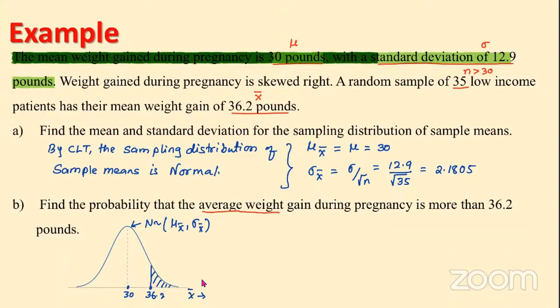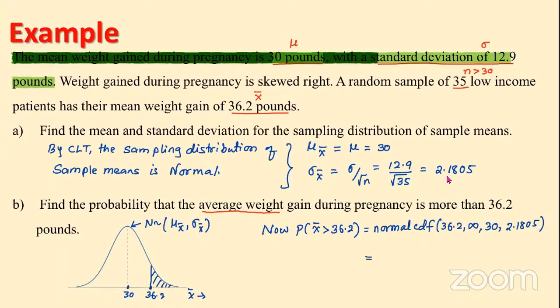So now we can easily find that. The probability that the average is greater than 36.2 is equal to the area. We can find the area using normal CDF in our TI-84 calculator. The lower boundary for the area is 36.2, the upper boundary is infinity, the mean is 30, and the standard deviation we got here is 2.1805.